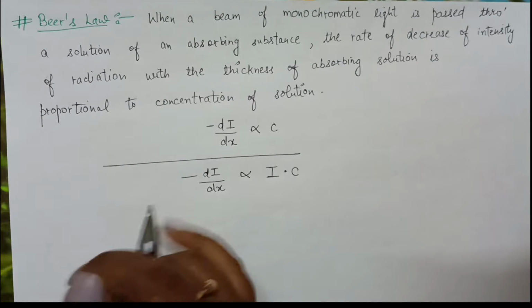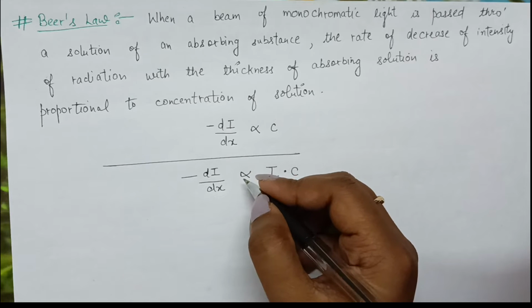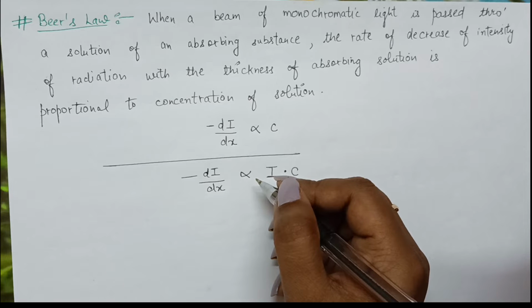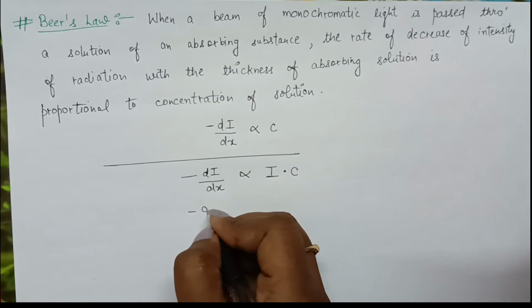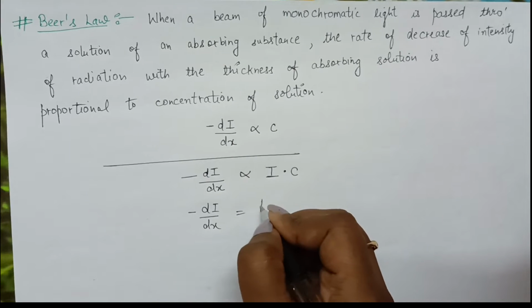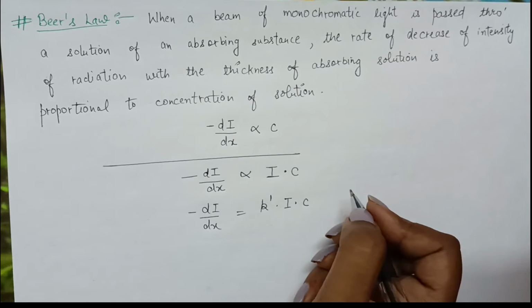Now if I want to remove this proportionality sign, I have to introduce one constant. This time the constant will be k dash because we have already used the constant k. So minus of dI by dx will be equal to k dash into I into C, right?